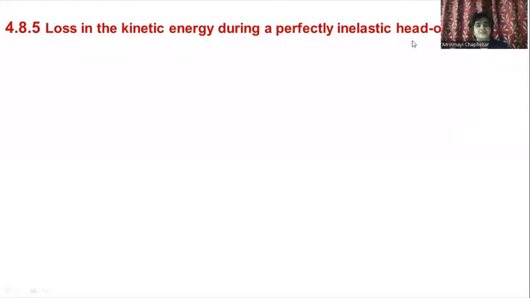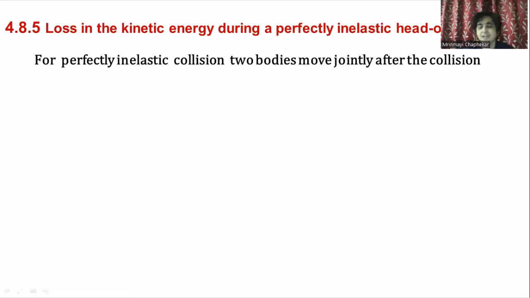We shall now see what is the loss in kinetic energy during a perfectly inelastic head-on collision. See, in perfectly inelastic collision, kinetic energy is not conserved, that we know. Though momentum is conserved, kinetic energy is not conserved.